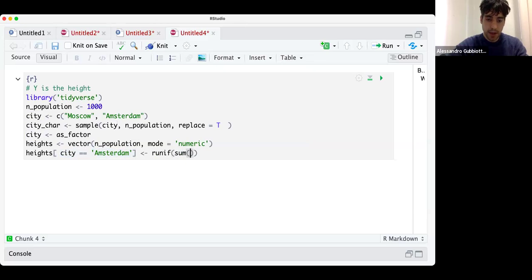So this sum gives me the number of people that live in Amsterdam, and I multiply it by, say, 10, and I sum like 180. They will be really tall, no, too much. So 175, and I do the same for Moscow.